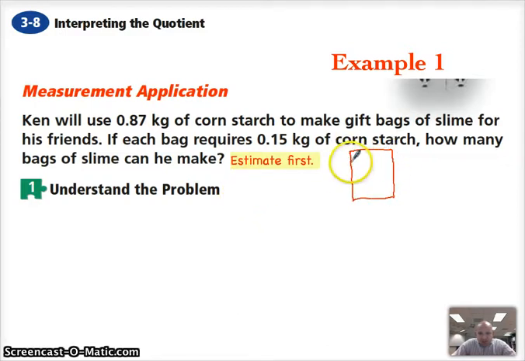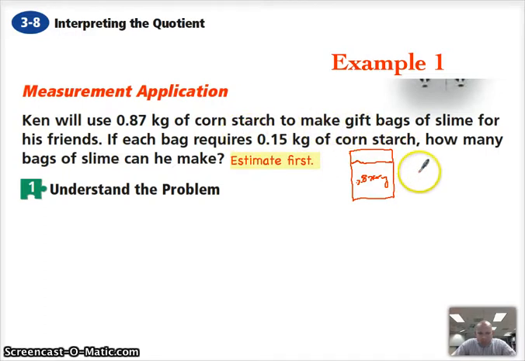In this bag, he has only 87 hundredths of a kilogram. Or maybe that's a lot. I don't know in terms of cornstarch. Boy, that's really poor writing. But that says 87 kilograms, 87 hundredths of a kilogram.